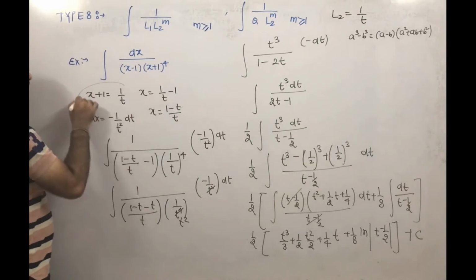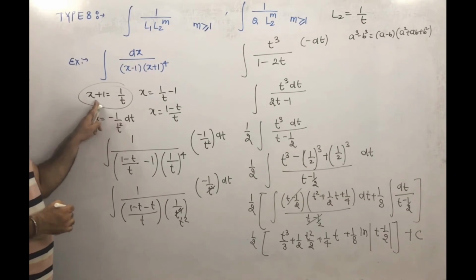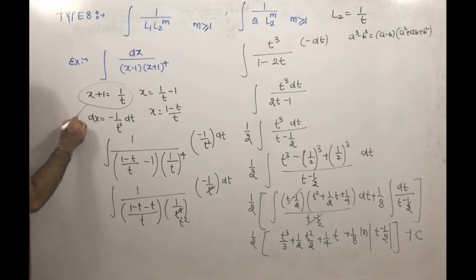Now here we have to put the t value. We can find the t value from here: t is 1 divided by (x plus 1).